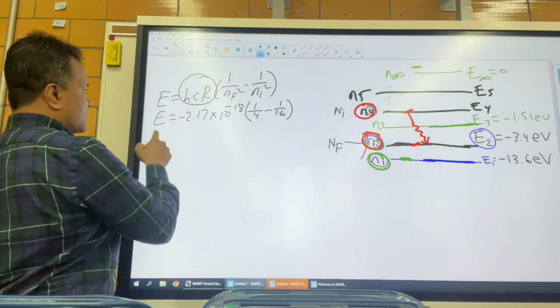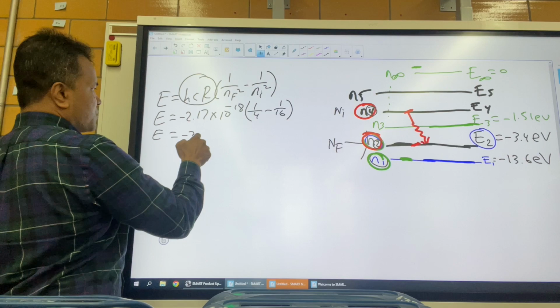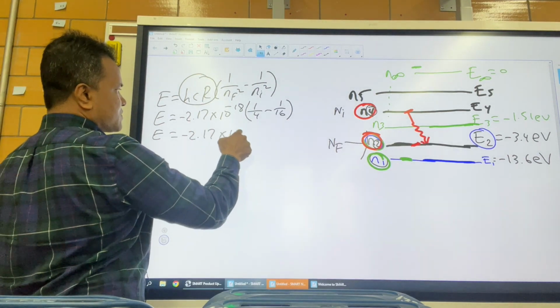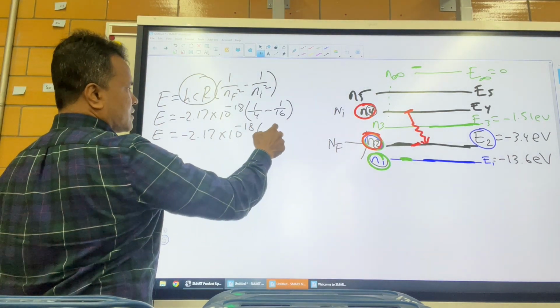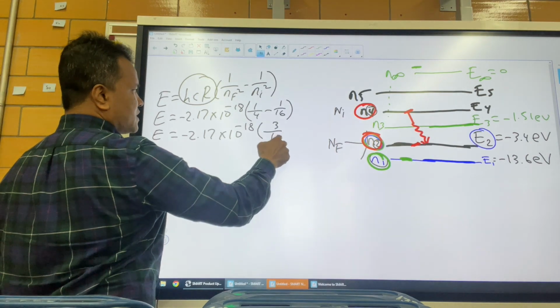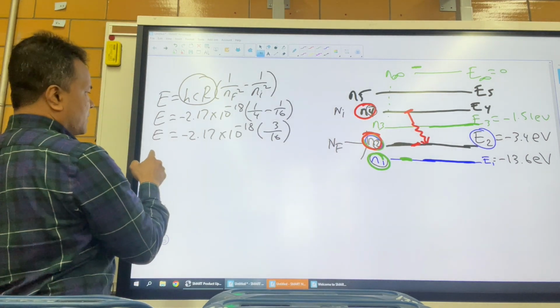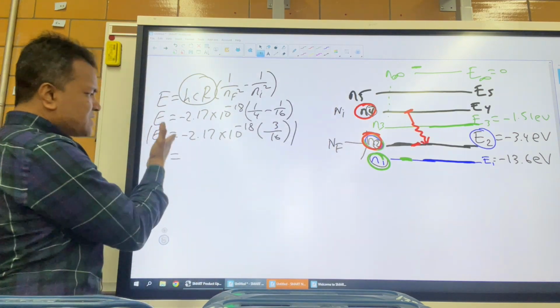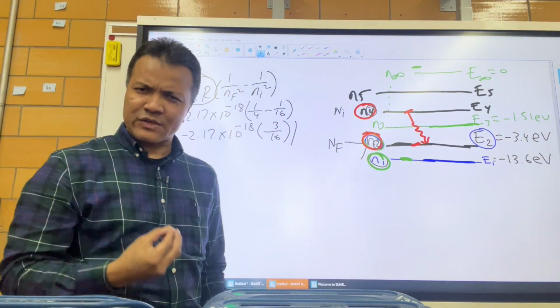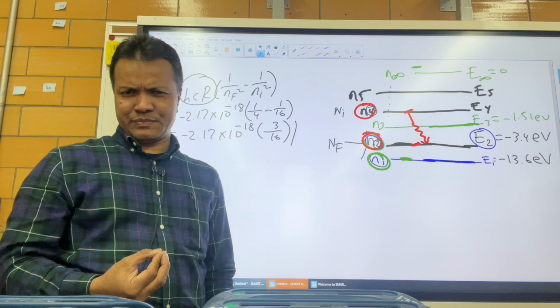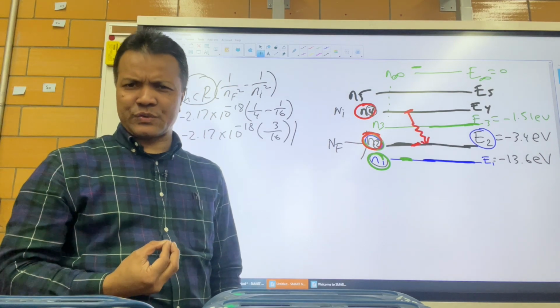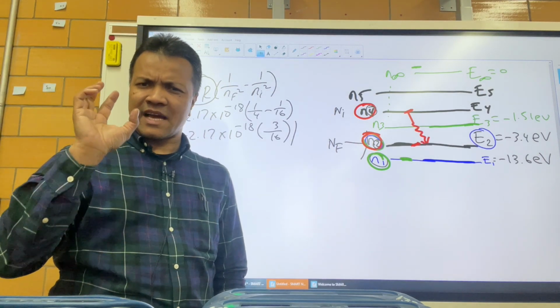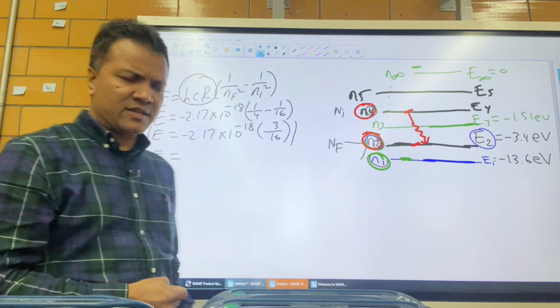All right, so E is equal to negative 2.17 times 10 raised to negative 18 times 3 over 16. Then we're going to take the absolute value. This negative means the electron is losing energy. So this negative doesn't mean a negative value, it's just the electron losing energy.